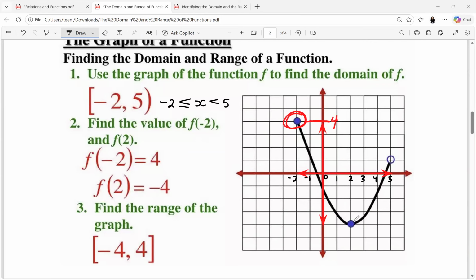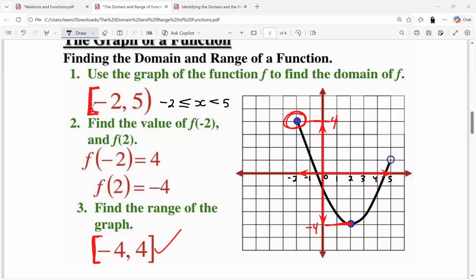And then the lowest value of y on the graph corresponds with -1, -2, -3, -4. So therefore, your range is -4 to 4. So I can write it like this. The straight bracket means it's an inclusive inequality, right? So that's why on this side, when we were representing the domain, we had a straight bracket here, right?